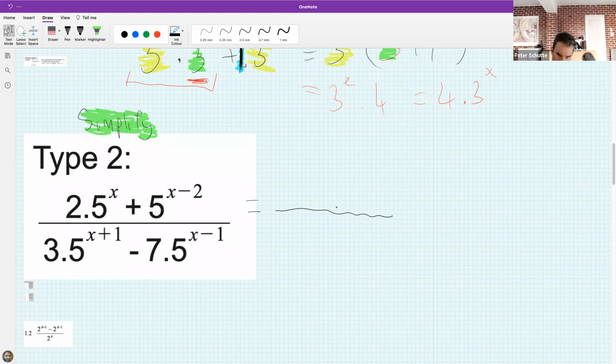So now the next question. What is that common factor going to be? I'll give you a little bit of help by rewriting it, by splitting out this term. So what is the common factor going to be on the top line?